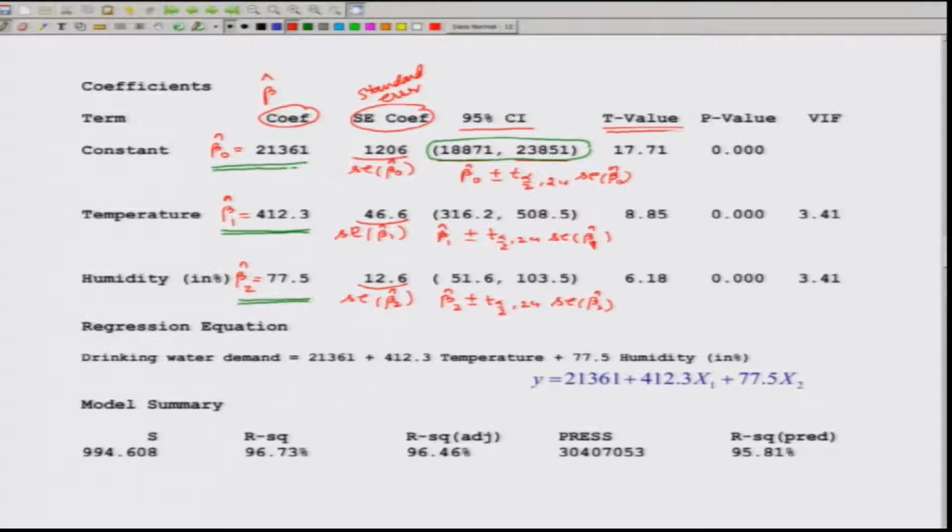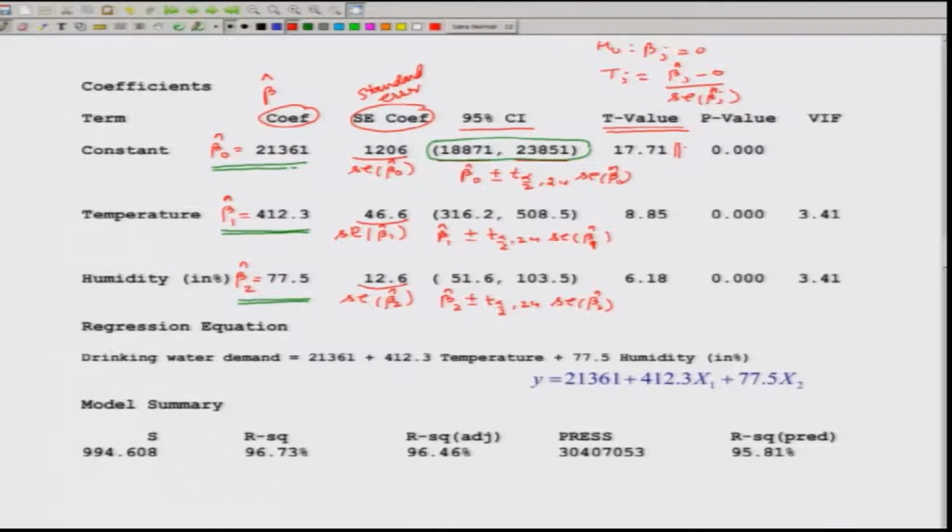t value. T value is about the test of hypothesis that H naught: beta j is equal to 0. So, for example, here T j is equal to beta hat j minus 0 divided by standard error of beta hat j. So, this value is beta hat naught divided by standard error of beta hat naught.